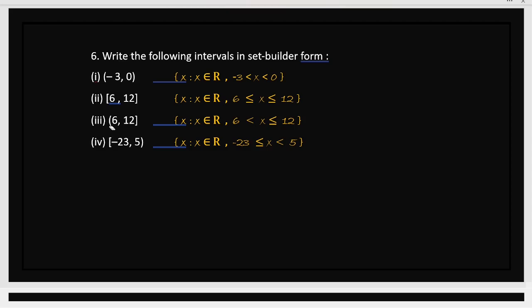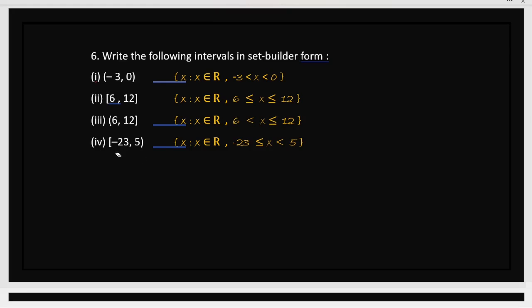Next one, 6 in parenthesis and 12 in square brackets. So 6 is open and 12 is closed. So we'll write {x : x belongs to R, 6 < x ≤ 12}. Next one, square bracket -23, open bracket 5.